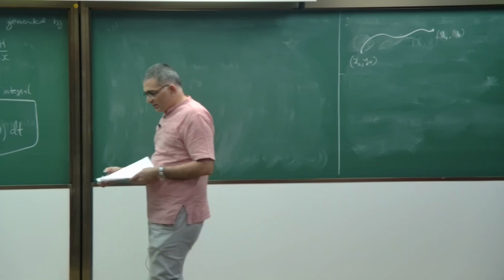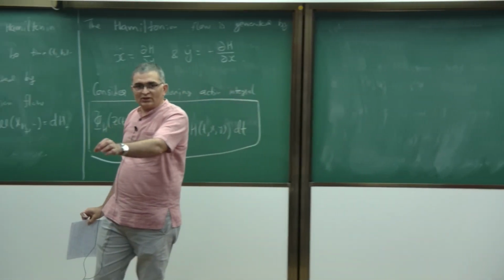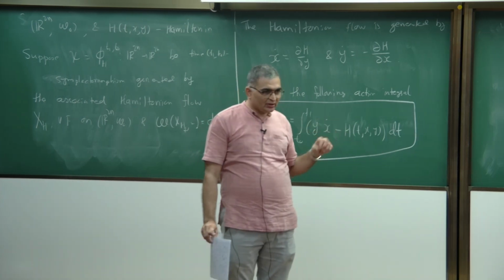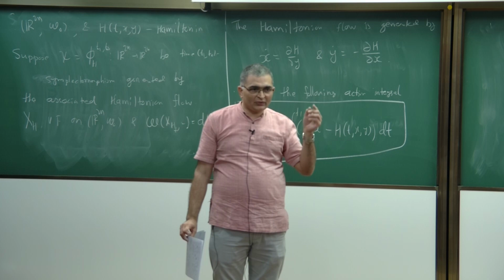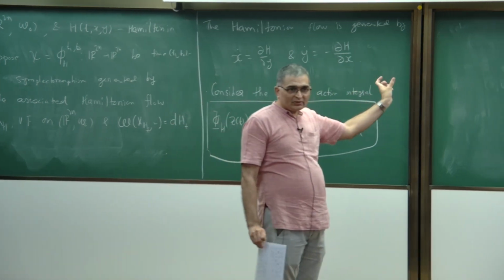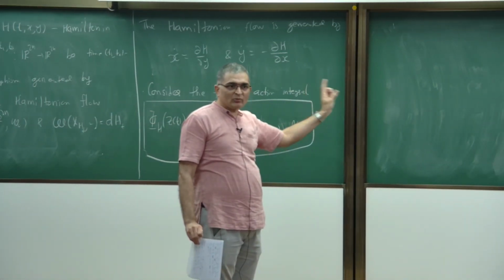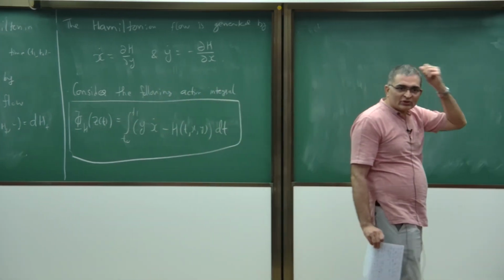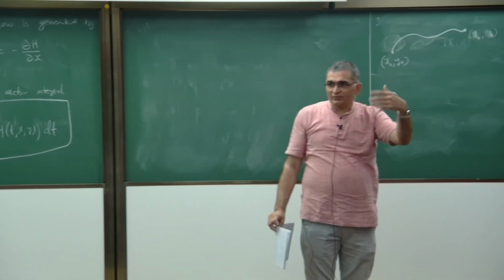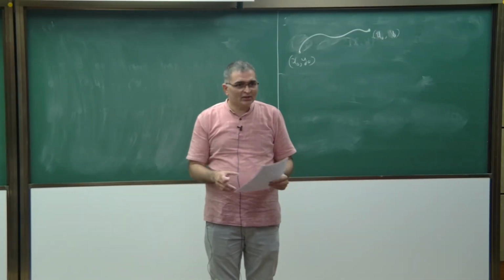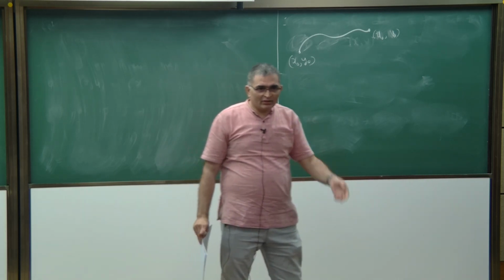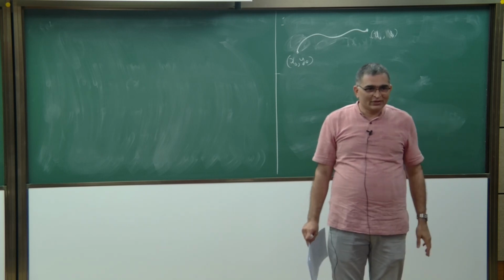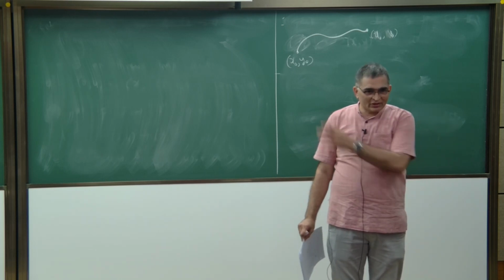So I just take the solution curve of the Hamiltonian equation and integrate this quantity, and whatever answer you get gives a map from the coordinate space R^{2n}, consisting of (x, u), to R, and that is my explicit generating function. In some sense this action integral is a universal generating function. So if you have a Hamiltonian flow, you do not have to look for this function. Up to a constant, it will be this. Okay.